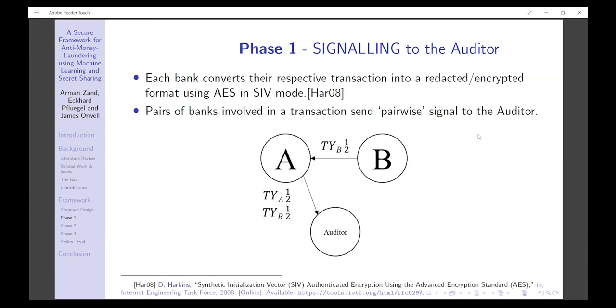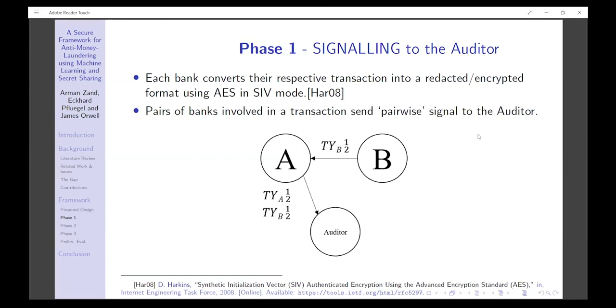And what that allows us to do is to have a more deterministic, reversible ciphertext that the auditor is able to use to pair up different transactions, although they are encrypted. So pairs of banks involved in the transaction send a pairwise signal to the auditor.